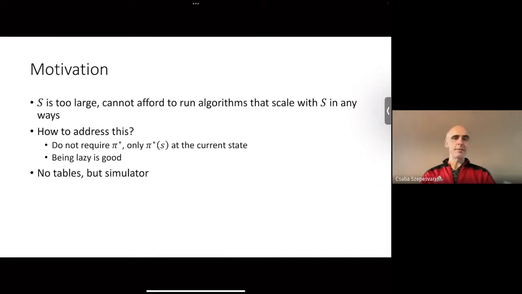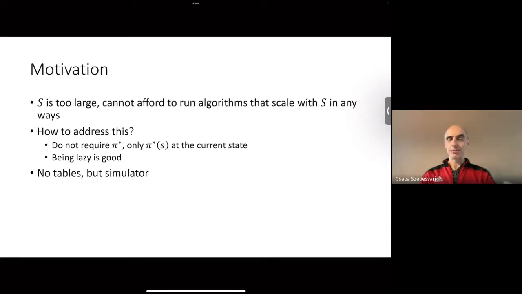We have to realize that we never wanted this. First of all, we didn't really need to pre-compute how to act at all the states. If we demanded that, then just writing down what you need to do would require time proportional to the number of states.